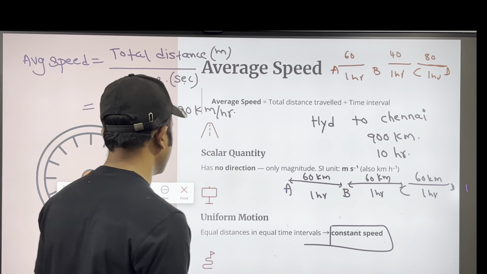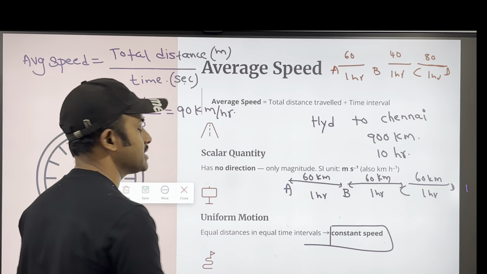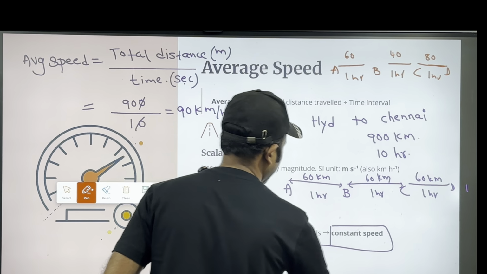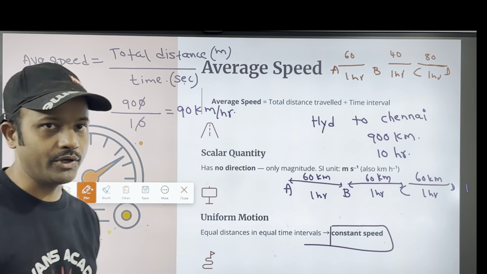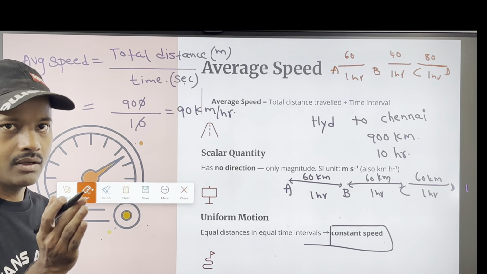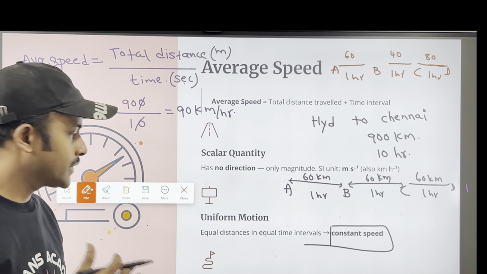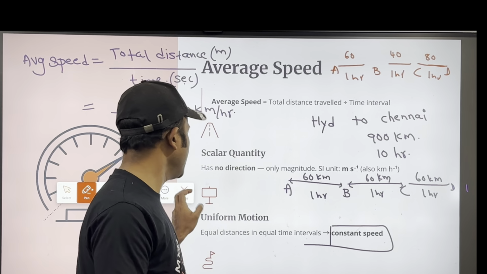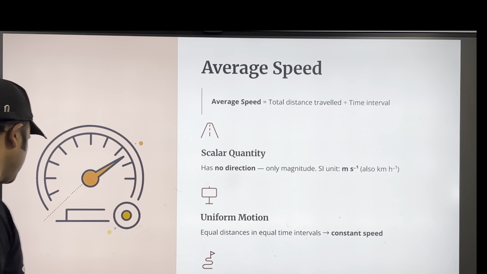It means that in non-uniform motion, the object covers unequal distances in equal intervals of time, so its speed is changing. The speedometer is not showing a constant reading; it is always deflecting, which means your speed is changing. That is said to be non-uniform motion.